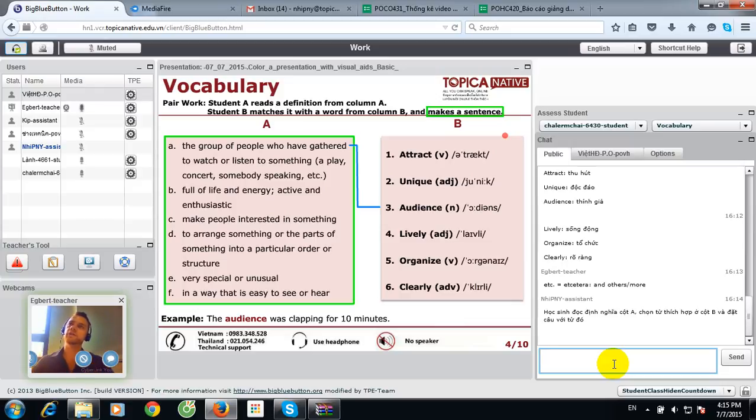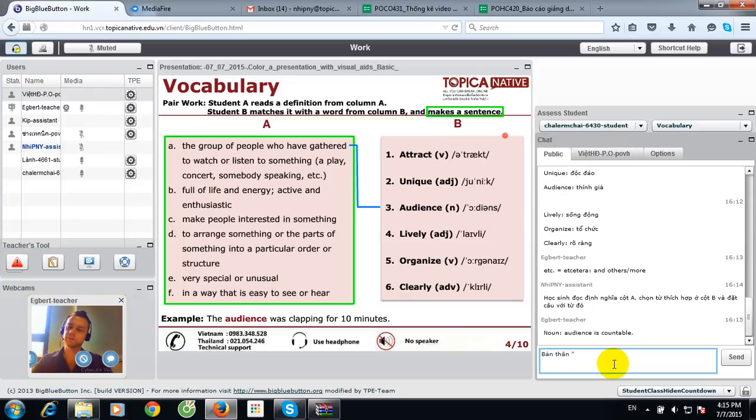And sometimes with audience, the audience are excited or the audience is excited. We talk about a group of people. So this noun can go together with the singular and plural verb. That can sometimes be a little bit confusing. So remember that the noun audience is countable. Do we understand countable noun, students?